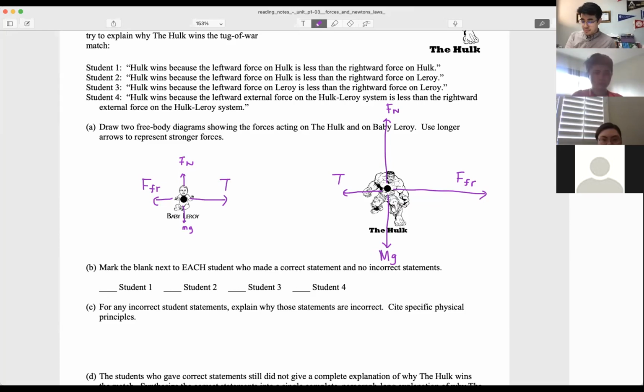Anybody? Wouldn't students 1, 3, and 4 be correct? But not student 2. I agree.